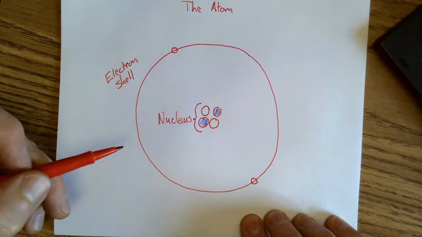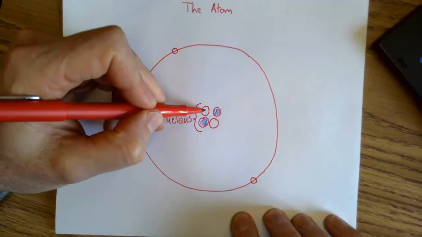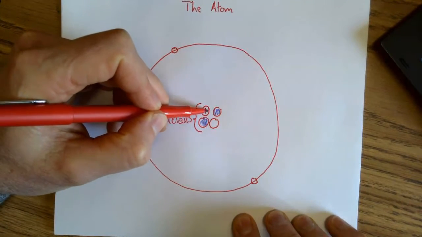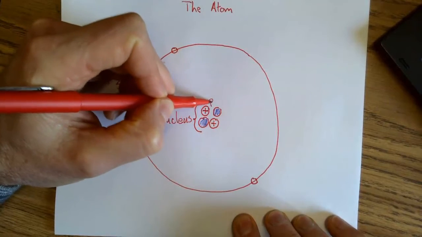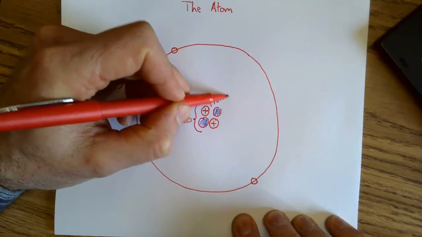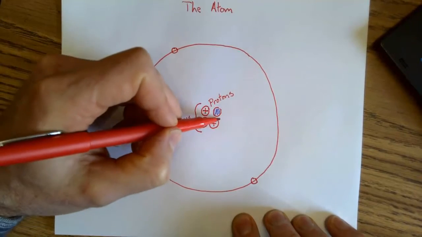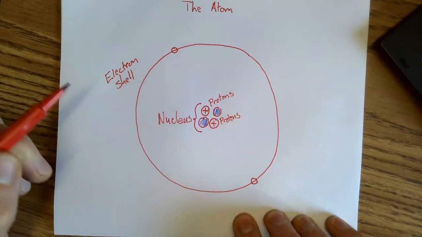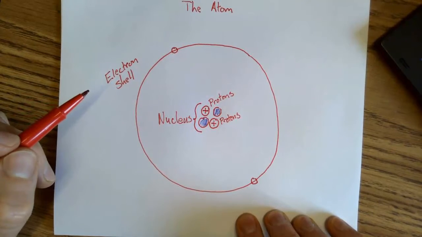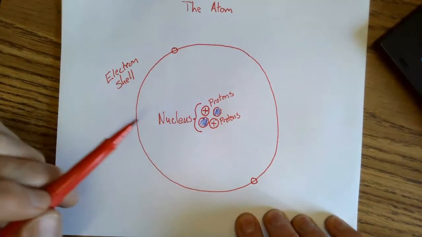Now, a couple things that you need to know. First of all, let's make some labels. I want you to put a positive sign on these red circles, and I want you to label them protons. Protons are positive. This is the very beginning of understanding this electric charge thing, understanding the charges of the different particles.